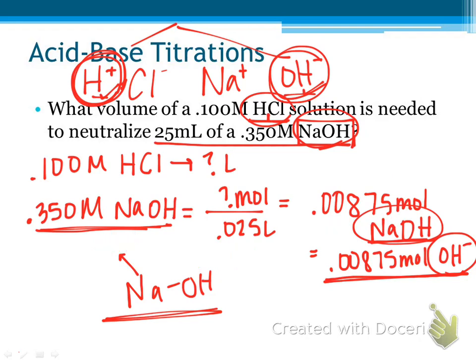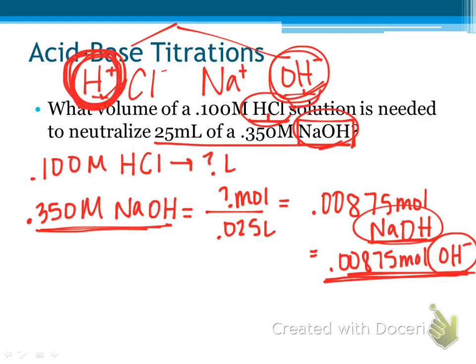So all of that tells us I have 0.00875 moles of hydroxide. Then we determined we need 1 hydrogen ion for every hydroxide ion we have present. So how many moles of hydrogen ions do we need? I need 0.00875 moles of hydrogen ions as well.